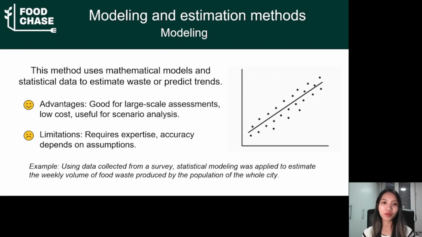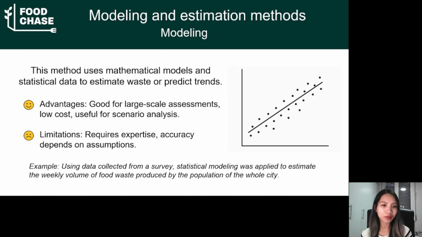This method is good for large-scale assessment, low cost, and is useful for scenario analysis, but it requires expertise and the accuracy depends on the assumptions. Because during the building of a mathematical model, you need statistical data and also maybe simplification and assumptions.